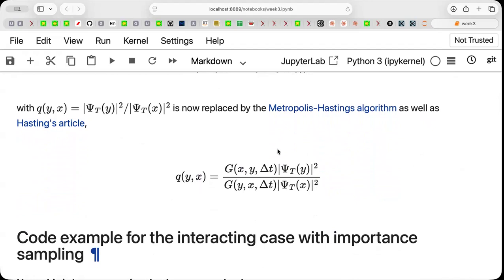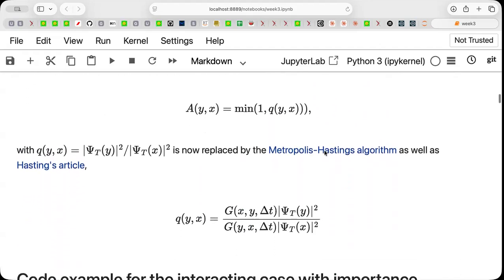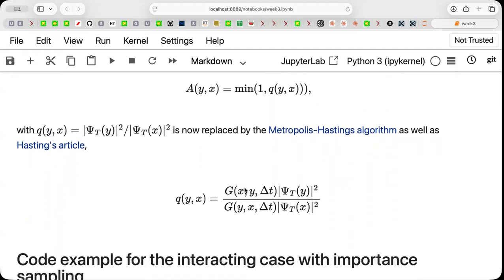And since this one will depend on the value of the force, either at x and y, it means that these quantities here you cannot cancel away or factor away, because they are different when we go from x to y or when we go from y to x. So this is now our model for the transition probability, which follows the ansatz for the wave function.